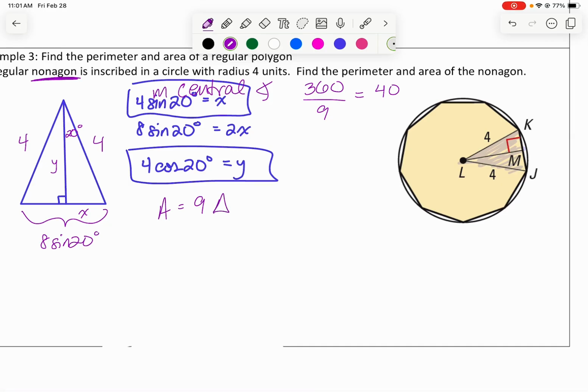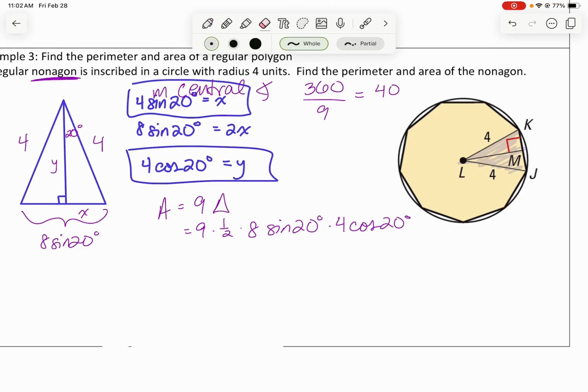So now if we look, we should have 9 times 1/2 times the base of the whole triangle, which is x times 2 to get both of these pieces, which is the 8 sine of 20 degrees, times the height, which is y, 4 cosine of 20 degrees.